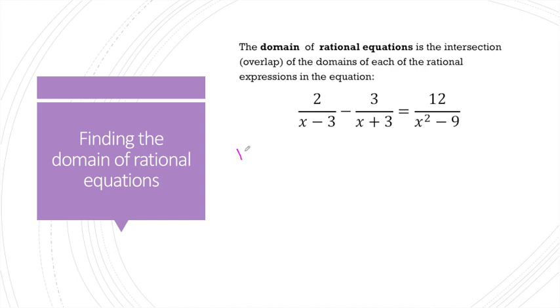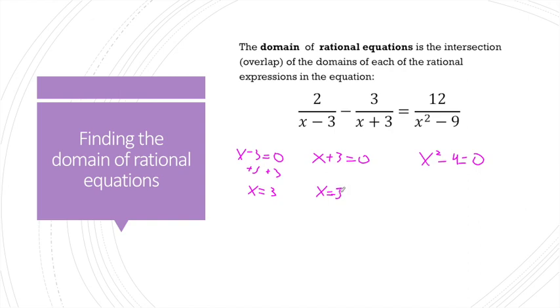So this gives me x minus 3 equals 0, x plus 3 equals 0, and x squared minus 9 equals 0. I add 3 to both sides. I get x equals 3. I subtract 3 from both sides. I get x equals negative 3.